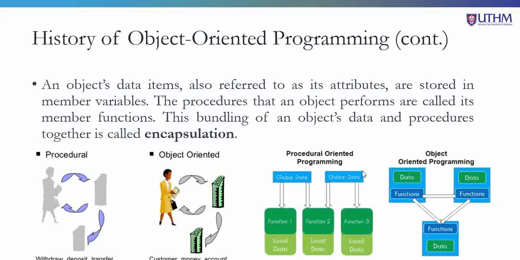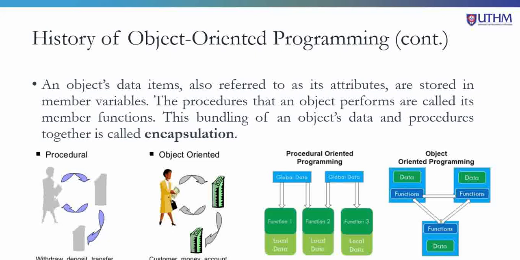Whereas in OOP, you need to think of what are the objects. Okay, as I mentioned before, objects can be living and non-living things, right? So in this case, the living things should be the customer itself, and then the non-living things should be the money, and then the account.